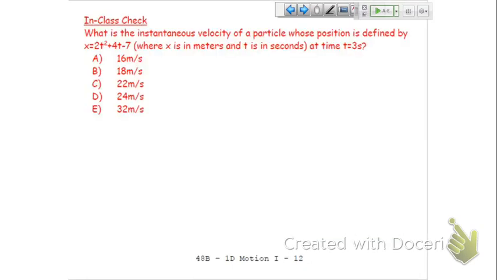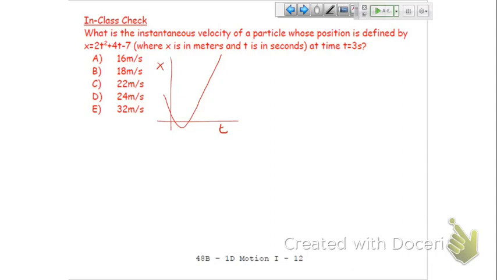So here's an example. What is the instantaneous velocity of the particle whose position is defined by this? Now, you don't have to draw the graph, and I'm not going to draw it properly. I'm just going to imagine it. So here's my x and here's my t. Basically, I want to know what is my instantaneous velocity.